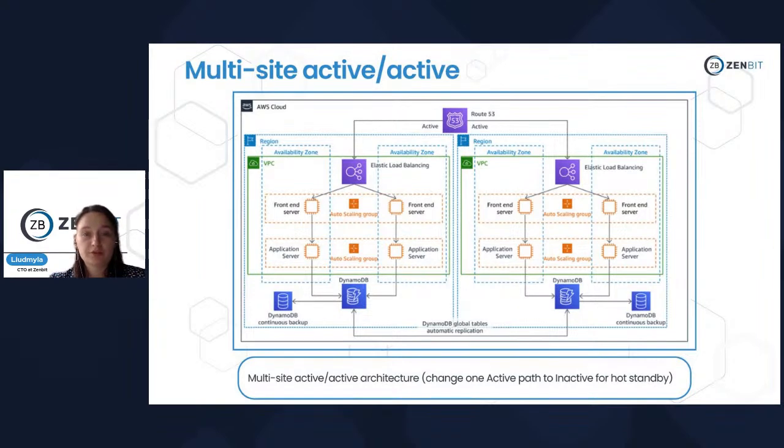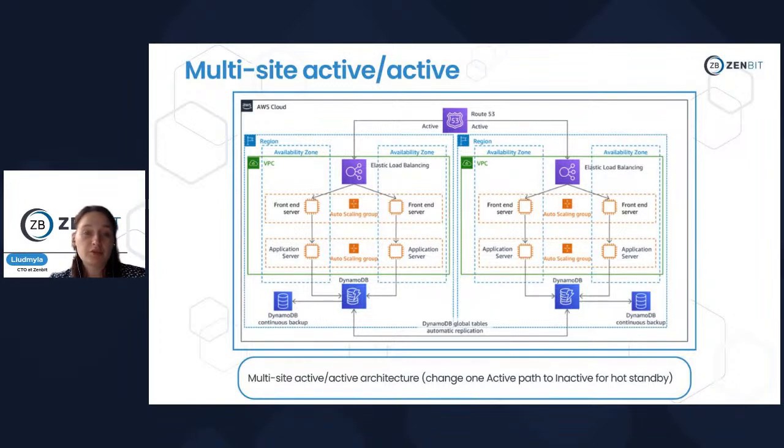And next one, the most expensive, is multi-site active. You can run your workload simultaneously in multiple regions as part of the multi-site active, or not hot standby, active-passive strategy. So multi-site active serves traffic from all regions to which it is deployed, whereas hot standby serves traffic only from a single region, and the other regions are only used for disaster recovery.